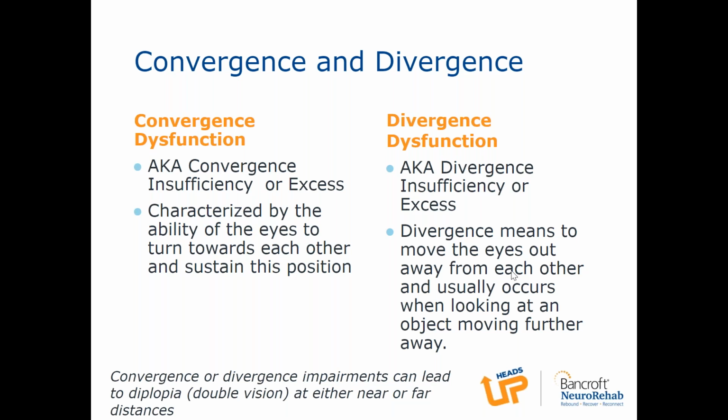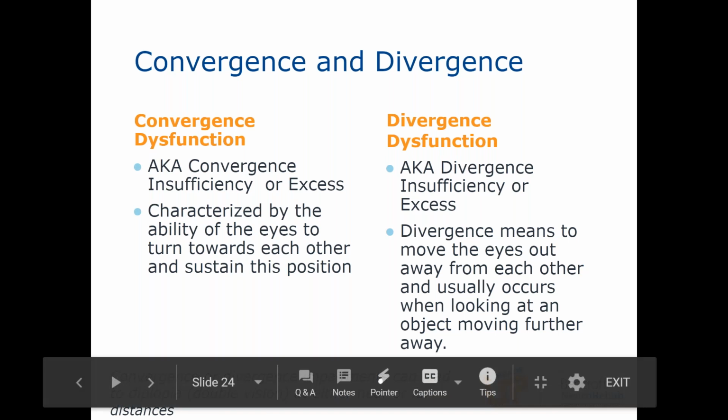You will see I just included some of the other names that you may hear it called, in case it does come up. And ultimately, convergence or divergence impairments are going to lead to diplopia very often at either a near or far distance. And depending on if it is near or far is how we determine if it's a convergence dysfunction versus a divergence dysfunction.